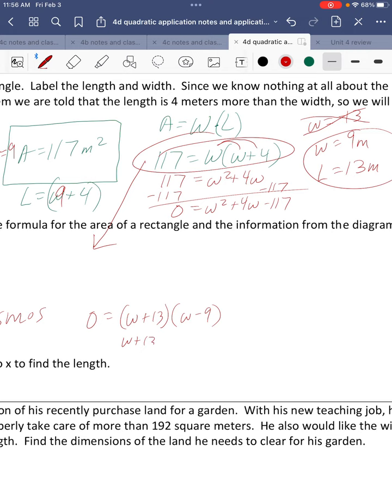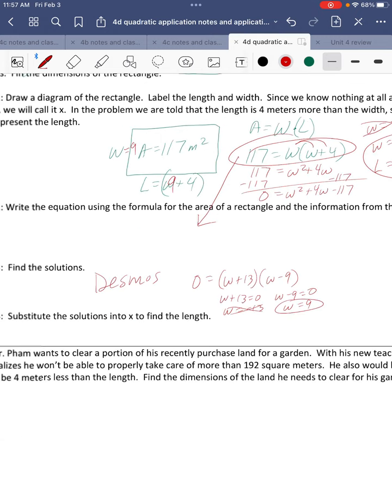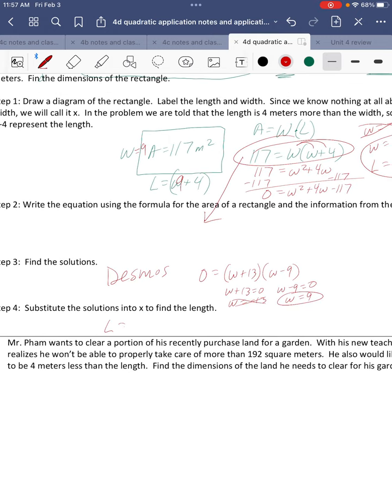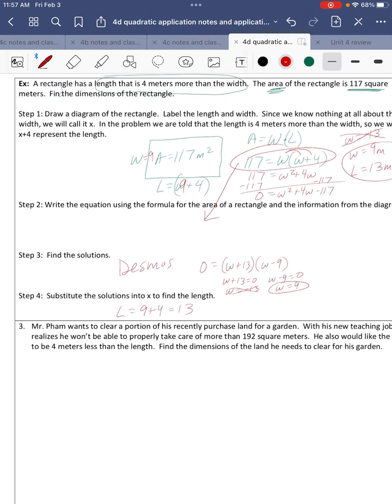You set each factor equal to 0. So this is if you didn't do Desmos. You subtract 13, you get negative 13. You add 9, you get 9. The negative 13 doesn't make sense, 9 does. Now substitute back in the 9, and you get the length is 13.